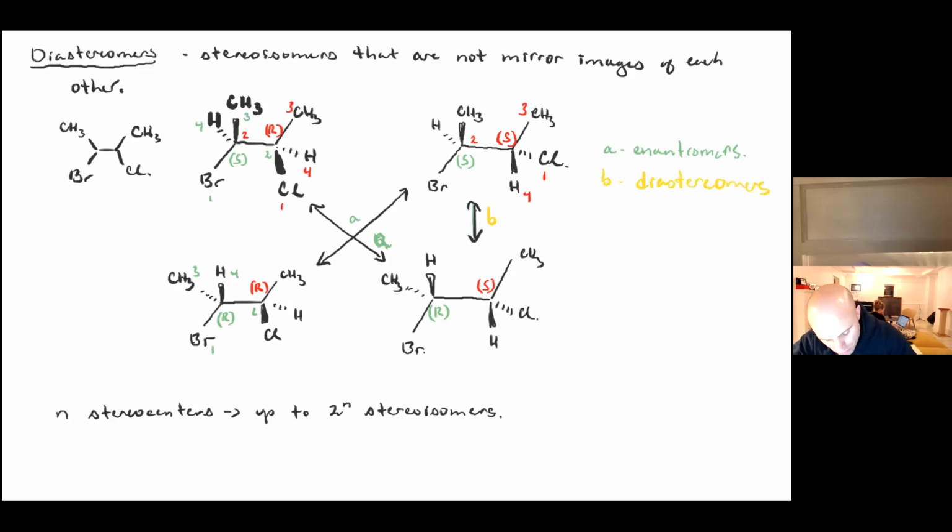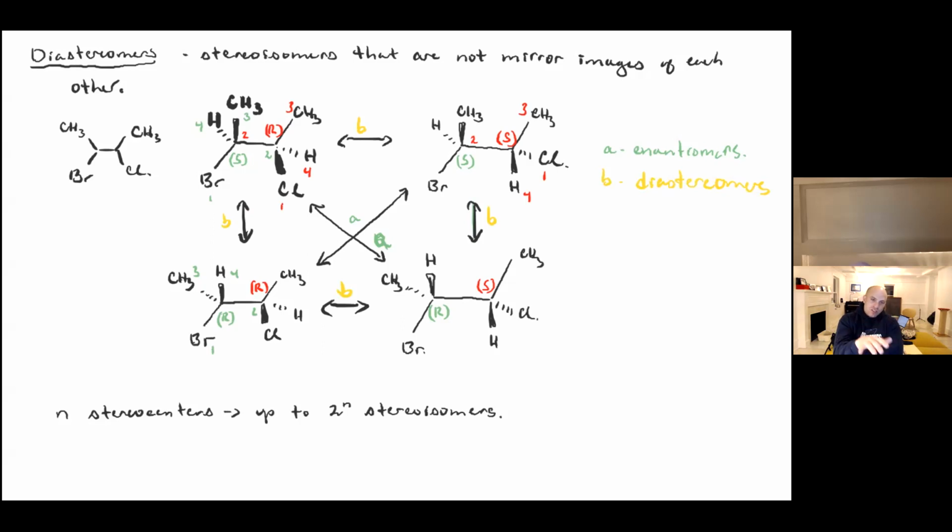The relationship between the two on the top, they are also diastereomers. Okay, the two on the left-hand column and the two on the bottom are also pairs of diastereomers.